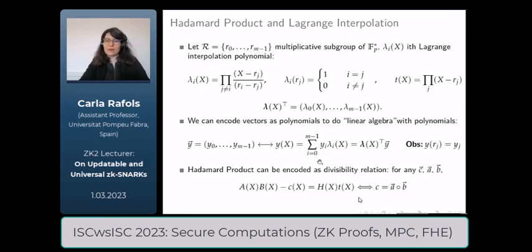This polynomial, which is just the inner product of the vector of Lagrangians times y. You can think about this polynomial as the result of interpolating this vector at this set of points. Why? Because you can check easily that this polynomial is the unique polynomial that, evaluated at each of the points of R, evaluates to the vector y.